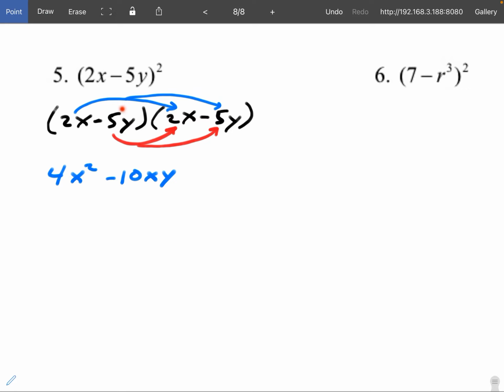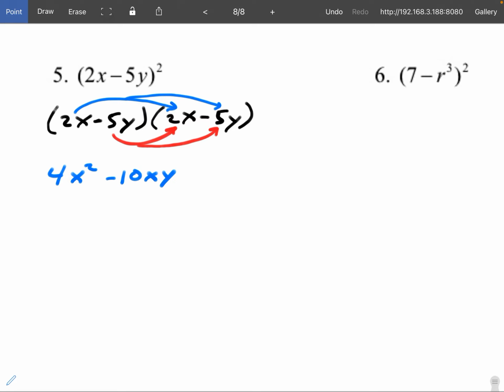And then in the red, I'm going to do a negative 5y times a positive 2x. Yeah, good, Kyle. It's going to be negative 10 again times y times x. But y times x is the same thing as x times y.